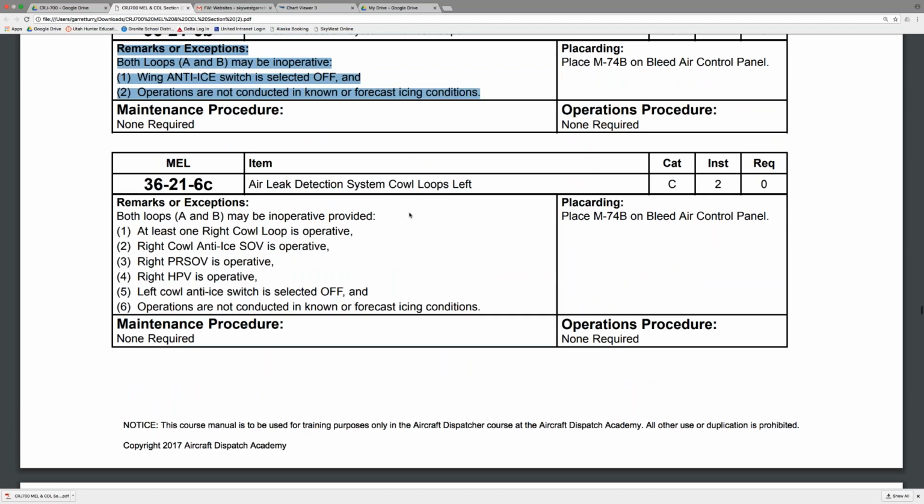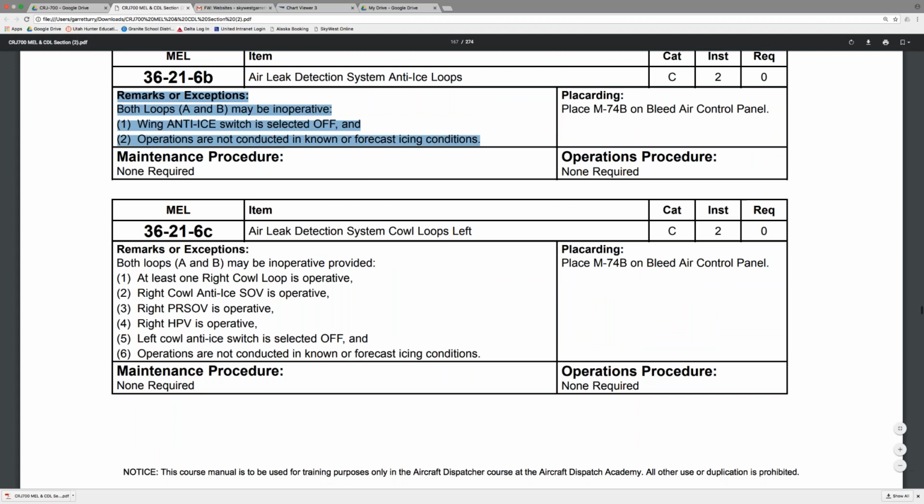Oh, okay. So you're asking me what is conducted with our bleed air system? Right now, that is what I'm asking: what systems use the bleed air?